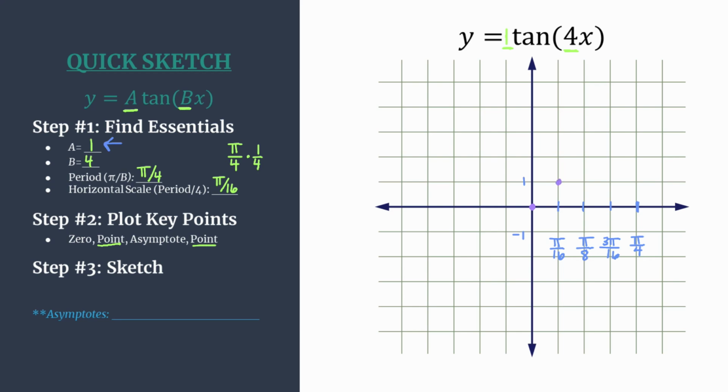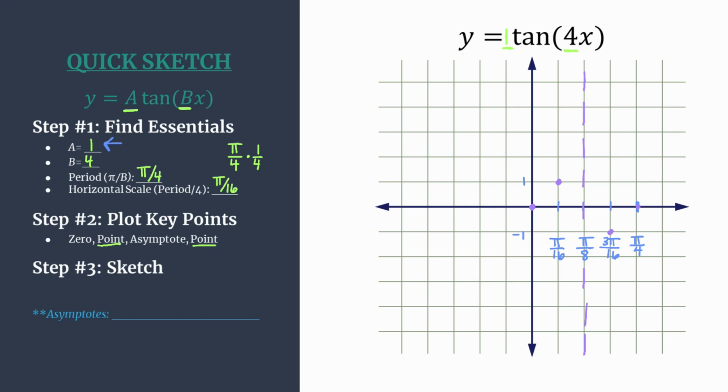That will help us shape our tangent curve. Then pi over 8 is going to be our vertical asymptote. And at 3 pi over 16, we'll have that lower curve shaping point. So 3 pi over 16, and the y coordinate is just the opposite value of A, so -1. And then you'd repeat your pattern starting at pi over 4.